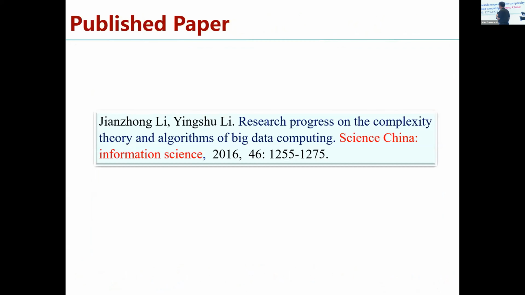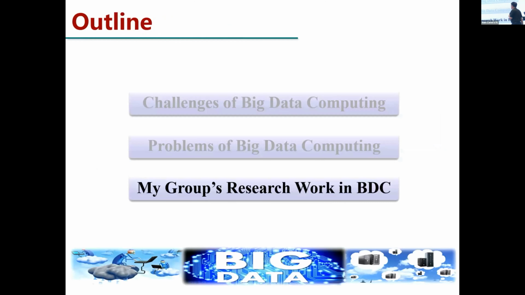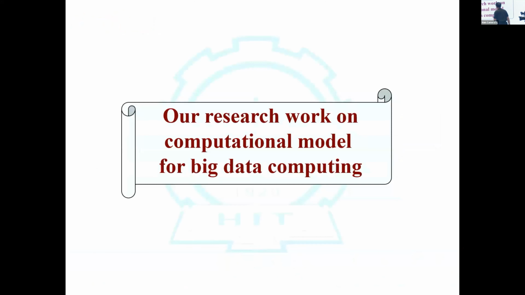Okay, all the contents and the problems are in the paper we published in 2016. So now I introduce some research work on big data computing by our group. The first work is on the computational model for big data computing.